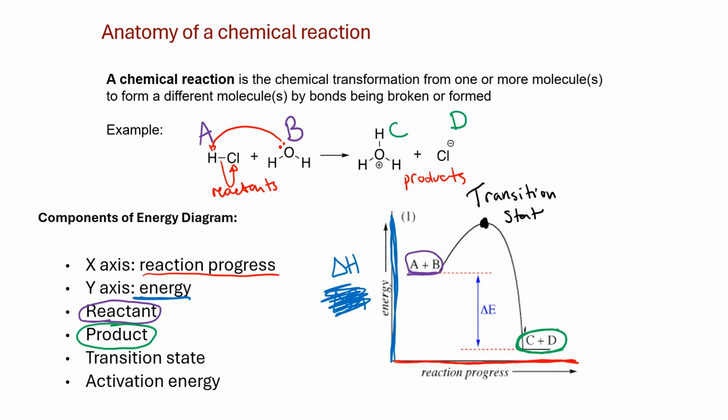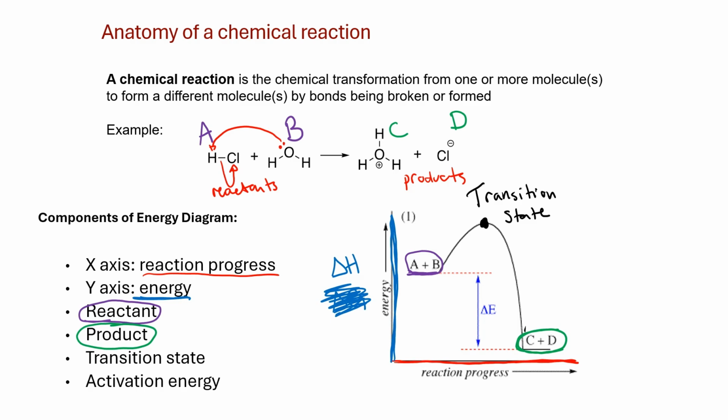At that transition state, that is the moment that the lone pair from our oxygen on our water is grabbing onto that hydrogen, and the bond between the hydrogen and the chlorine is breaking. So it's the moment that the sticky lone pair is gluing to the hydrogen and the second bond is breaking. When that happens, we are at the transition state.